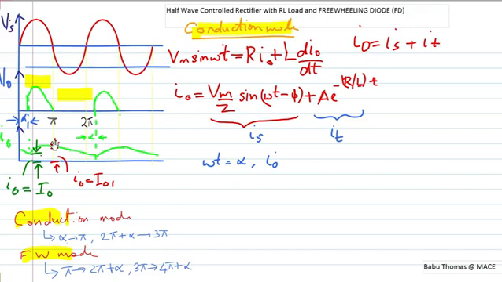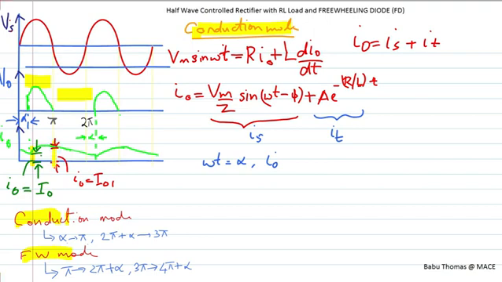For that purpose, I have defined I naught as capital I naught at omega t equal to alpha, and similarly at pi I have defined I naught as capital I naught 1.